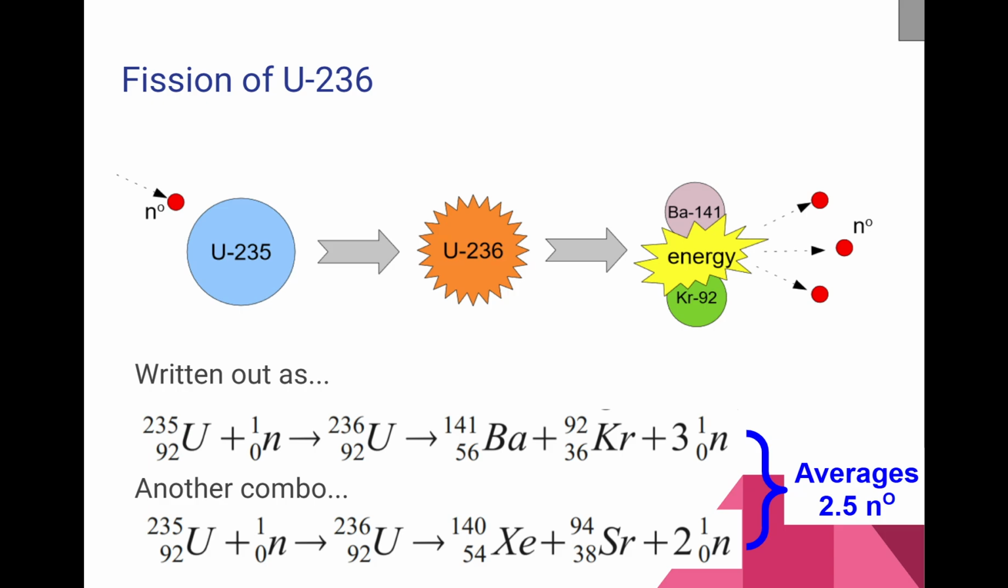But what we found is, on average, all of these fissions of uranium-236 usually release about 2.5 neutrons on average. Now, obviously we can't have half a neutron, but that's what we predict to see. Sometimes 2, sometimes 3, maybe sometimes even more or less, but on average 2.5.